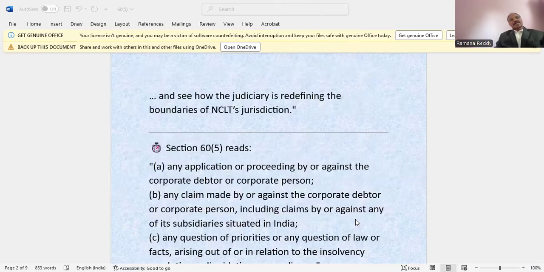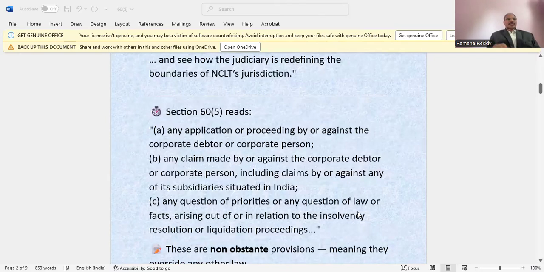B, any claim made by or against the corporate debtor or corporate person, including the claims by or against any of its subsidiaries situated in India. C, any question of priorities or any question of law or facts arising out of or in relation to the insolvency resolution or liquidation proceedings. This is what Section 60, subsection 5 says.